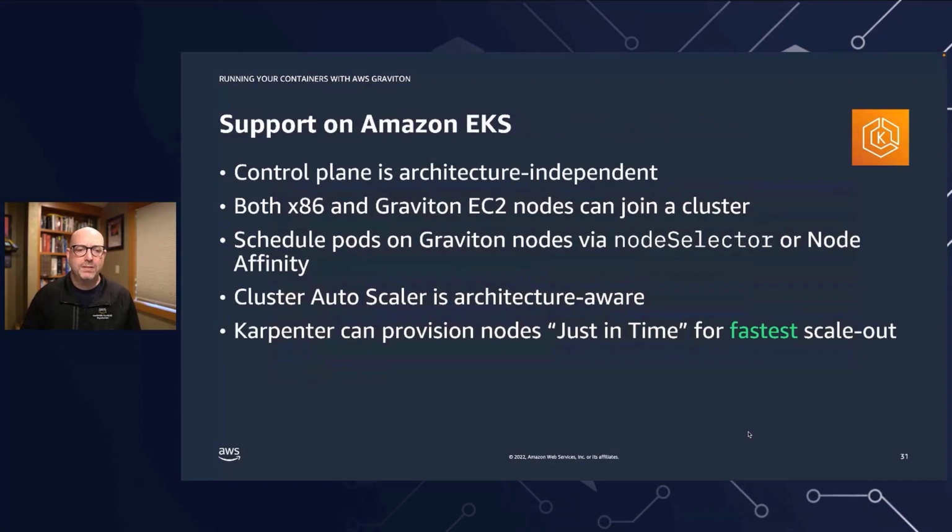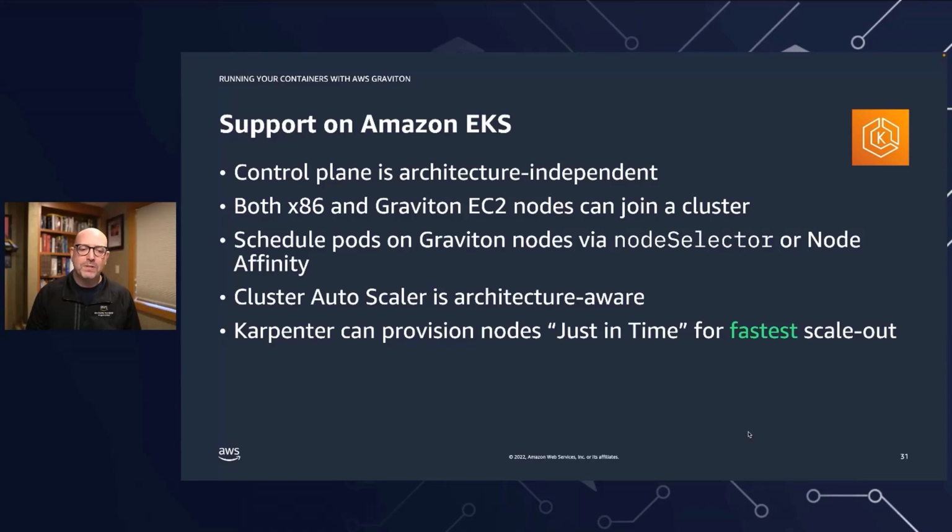As with ECS, with EKS, the control plane is also architecture independent, and both x86 and Graviton EC2 nodes can join a cluster. If you want to route specific pods or deployments to Graviton nodes, you can easily do so via a node selector or node affinity, which I will show in the following slide. And the Cluster Autoscaler is also architecture aware.